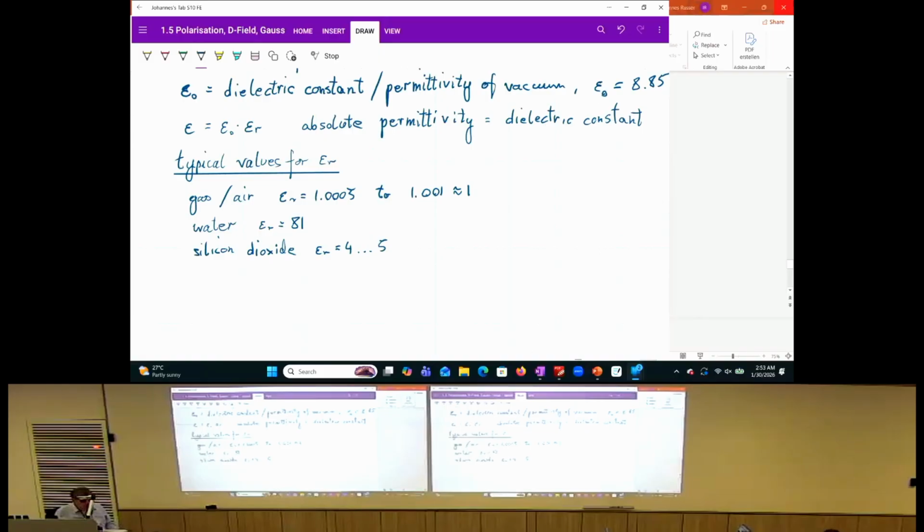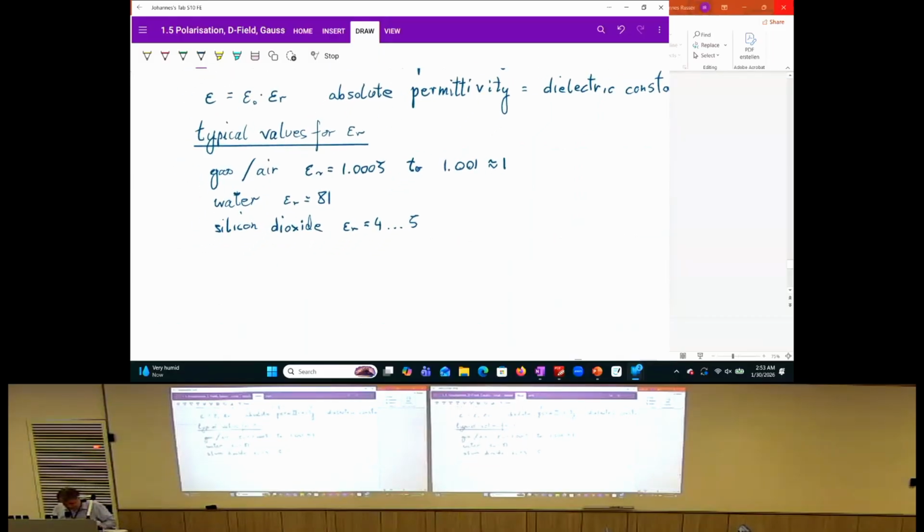Water, you see, has a very high permittivity, and that applies for pure water. Pure water is not conducting, but usually when you have water, you have some ions in it, and it is in most cases conducting. But if you really have pure water only, then it's not conducting, and the relative permittivity is around 80.